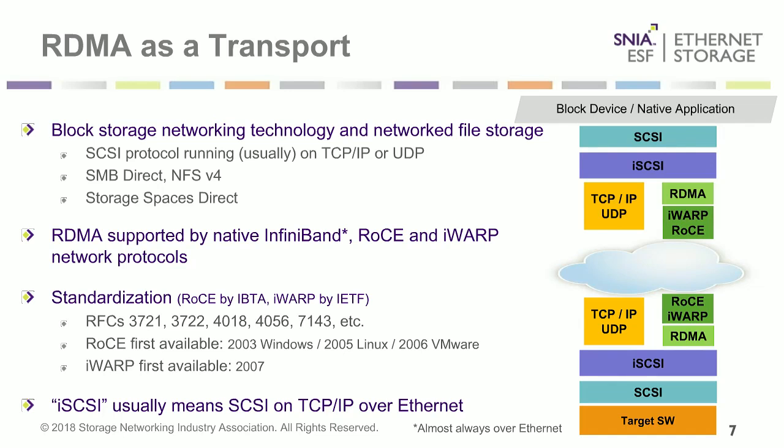But if I use RDMA, then it goes to RDMA over a specific transport, which in this case would be iWARP or RoCE, and then it's on the other side of the network. It's translated back into RDMA calls and then back into a SCSI protocol. So that's an example of how, say, iSCSI RDMA would operate over iWARP or RoCE. And it works similarly for NVMe over Fabrics as well.